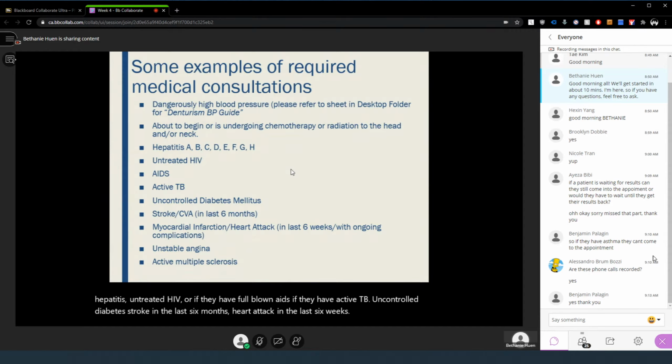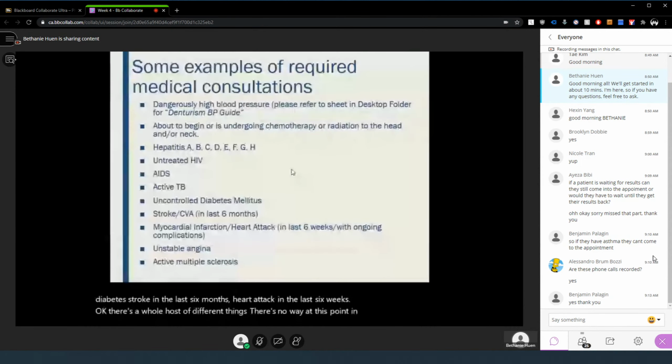There's a whole host of different things. There's no way at this point in your education you're going to be able to identify or remember them all because you haven't been taught them all yet, but this is to give you an idea of some of the major ones that you're likely to see.